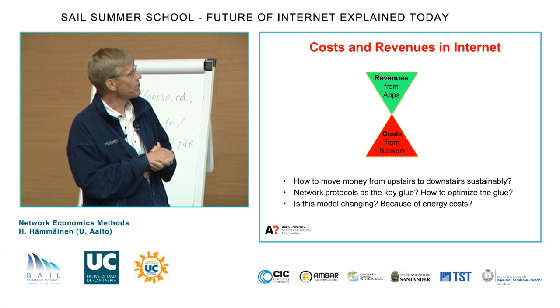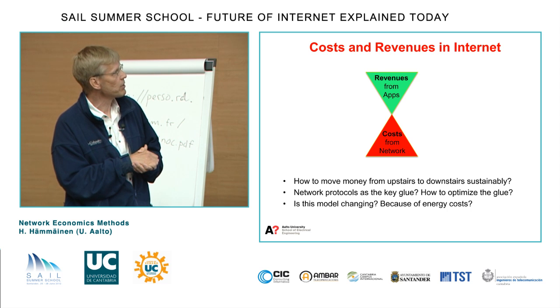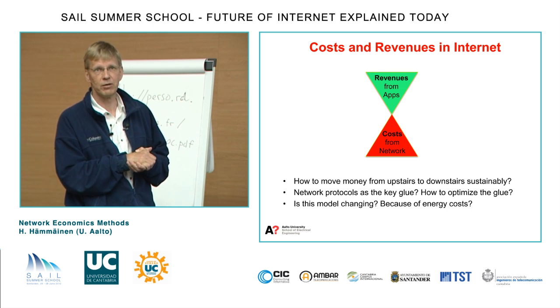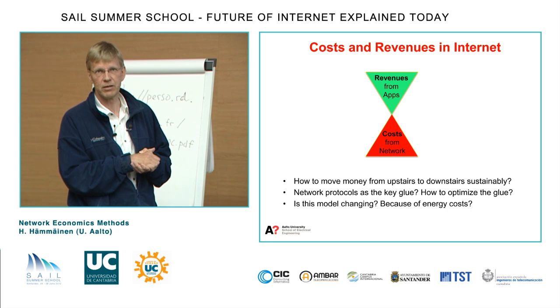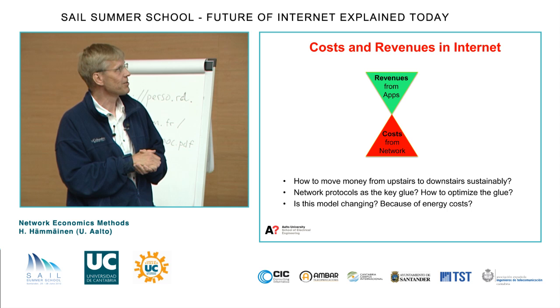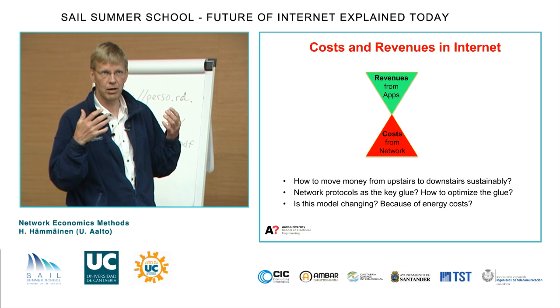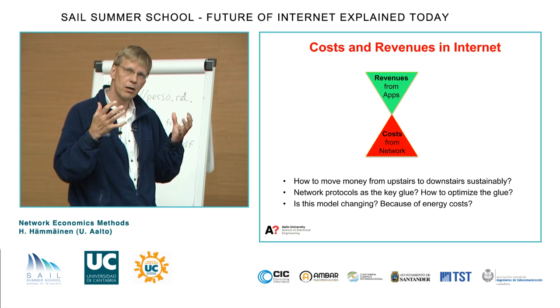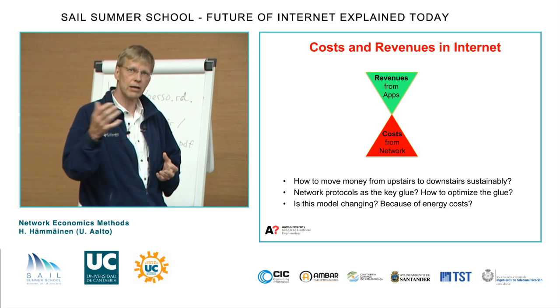So this raises basic questions, this simplistic picture, about how to move money from upstairs to downstairs in a sustainable manner in cases where there is imbalance and sufficient investments cannot be done. This argument, as you may know, is a continuous argument between operators and content providers, and has always also been between network operators and the regulators.